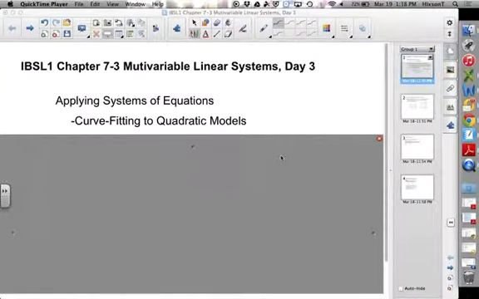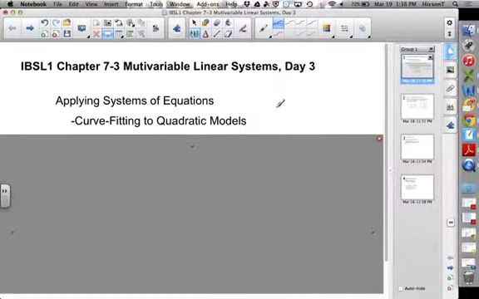Alright, so we're taking 3 points and we want to try to fit a quadratic model to it. If I only had 2 points, you guys know what a parabola looks like, but there are actually an infinite number of parabolas that could go through any 2 points.